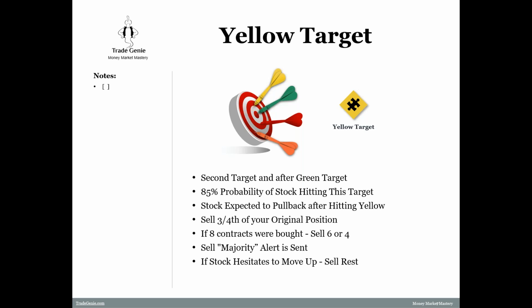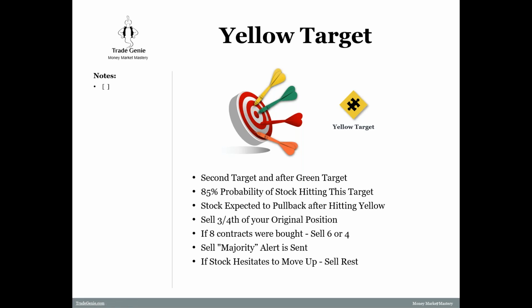Time will pass, some event can occur, some resistance can get created, some news can come. There are a lot of things that can happen between the current price and the yellow target, and between green and yellow. So the probability is lower, 85, but 85 is still pretty good.